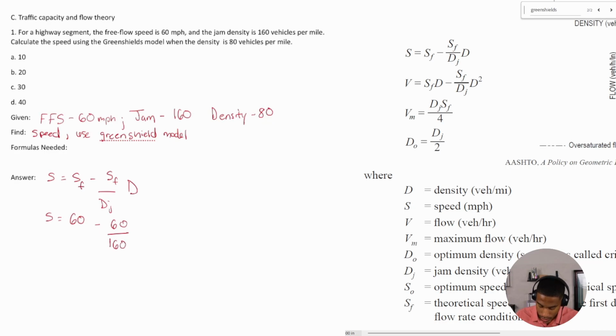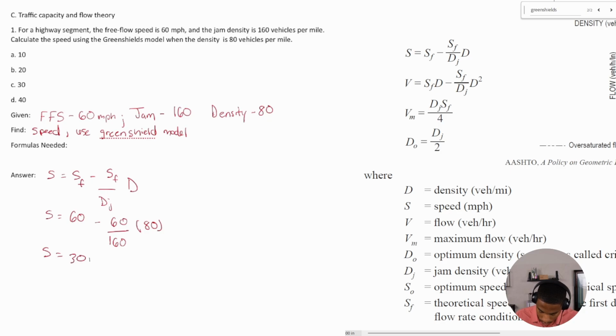I'm just plugging and chugging. Once you go through that, you should get S to equal 30 miles per hour, or C.